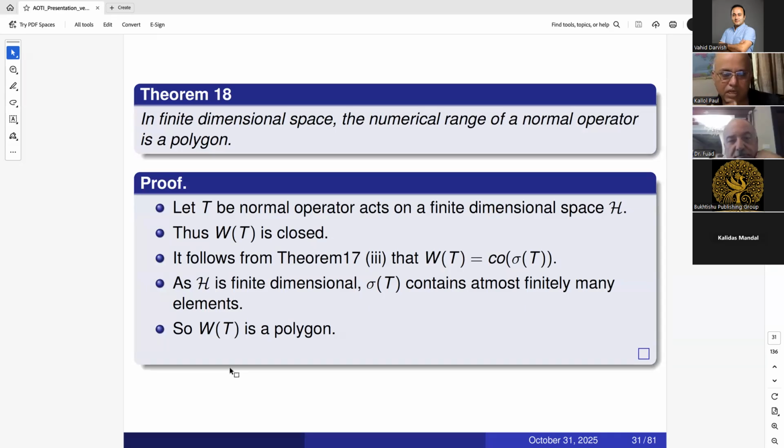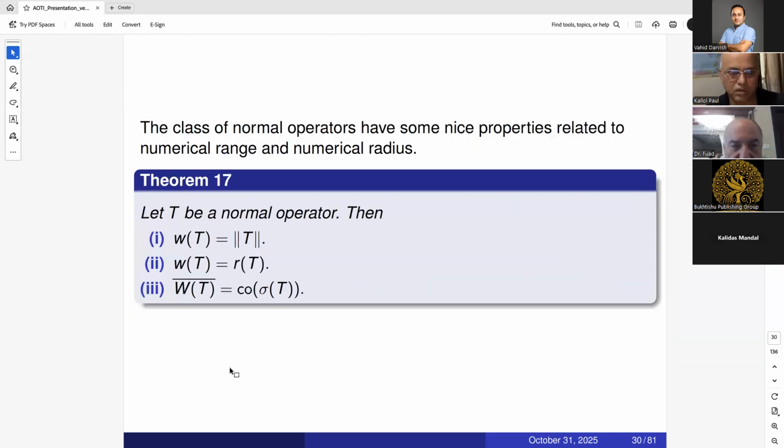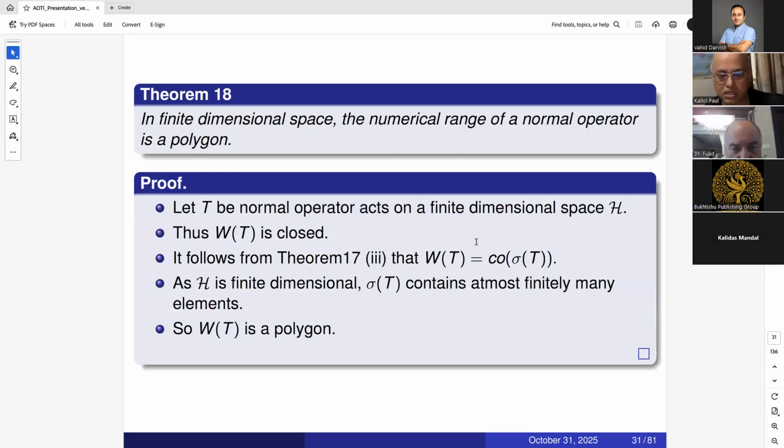From the result we have just mentioned, the numerical range closure is equal to the convex hull of sigma(T) for a normal operator. When working in finite dimensions, the closure is equal to the numerical range, so we get that W(T) is equal to the convex hull of sigma(T).